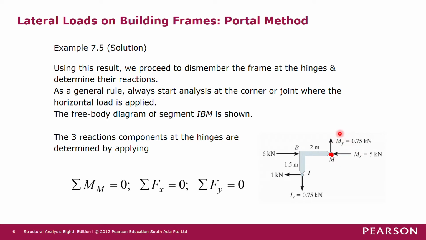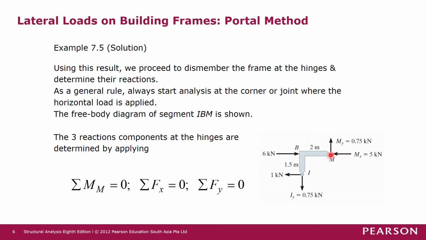It's a bit confusing to use m, but bear in mind that these my and mx, they are forces. Okay, so summing forces in the horizontal direction, we have 6 minus 1 minus mx equals to 0.